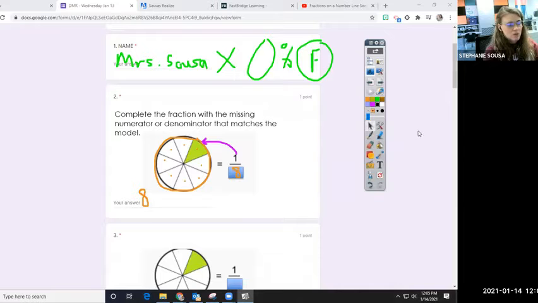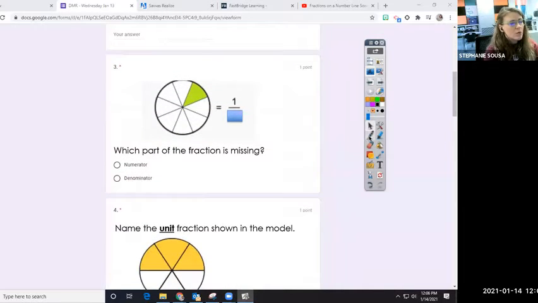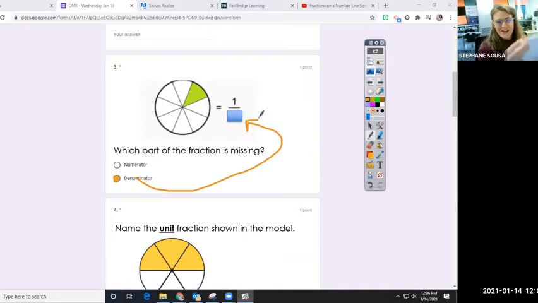The next one, going down, 3. Which part of the fraction is missing? We already answered this. It's the denominator because that's the bottom number. And if I didn't know that, it's a good thing we took notes in our trusty dusty notebook. Right there, denominator, bottom number.